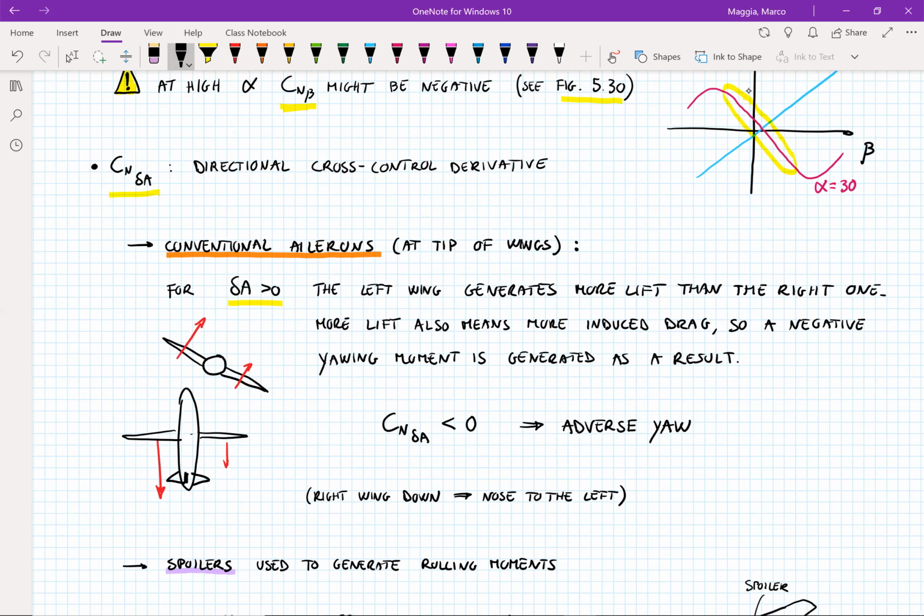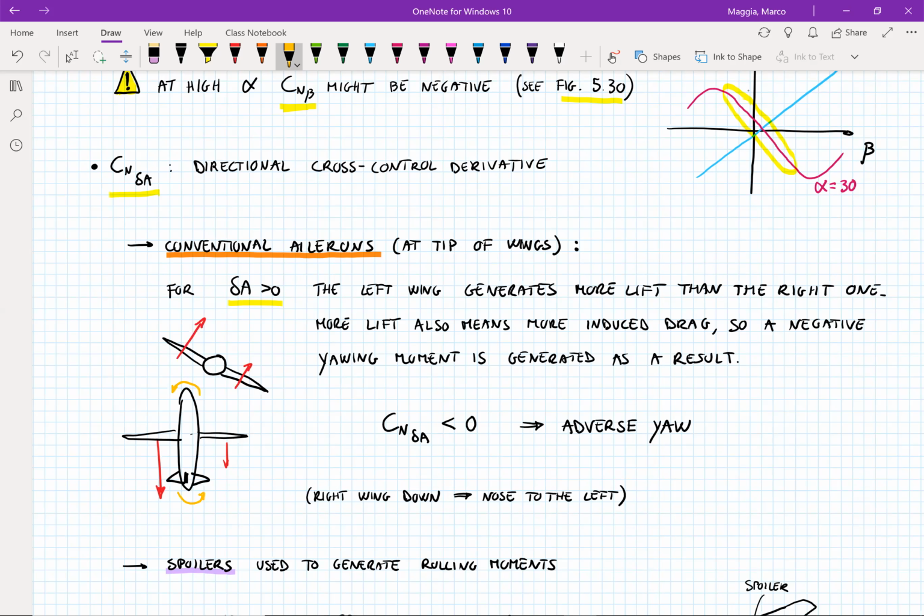So there's more drag on the left wing than on the right wing. So the resulting yawing moment is negative. Therefore, if we are using traditional ailerons, once we apply a positive aileron deflection, so therefore right wing down, we have a side effect of turning the nose towards the left.